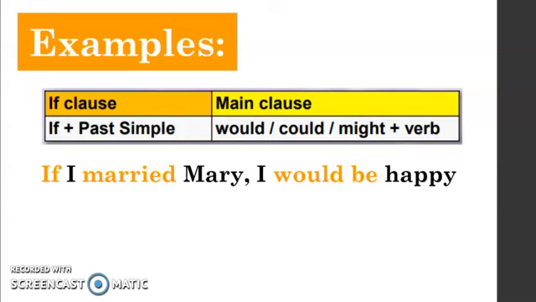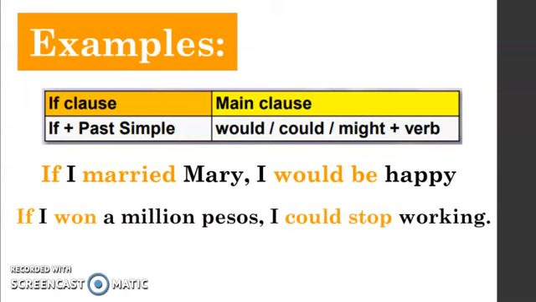Now, another example, if I won 1,000,000 pesos, I could stop working. Now this time, we use another type of word or modal. Now, do you think this is an example of a second conditional? Exactly. Still the same, since the if clause in this sentence used past simple, which is the verb won.